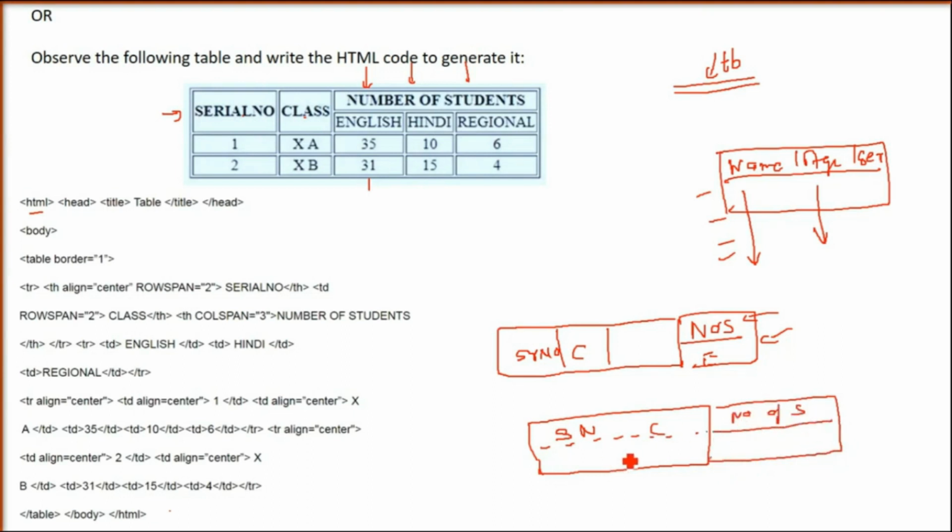Now coming to the second row, the serial number and class part is already finished. So start here, below number of students. English will come below number of students, Hindi will come after that, and regional will come after that. So this is how they will take normal row size and column size.